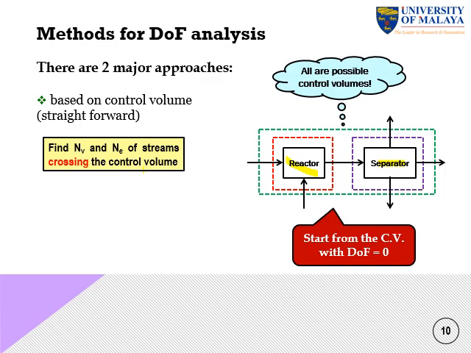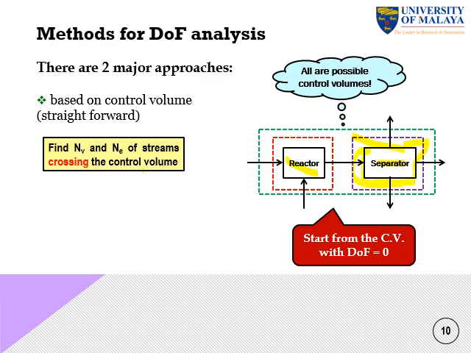So what you do is, if you have a reactor, choose the reactor as the control volume. So you only concern yourself with the streams crossing the reactor. If you look at the separator as your control volume, you only look at the streams crossing this box.